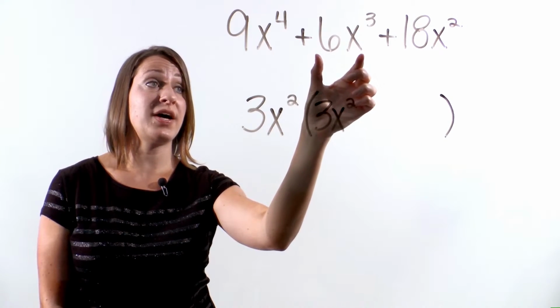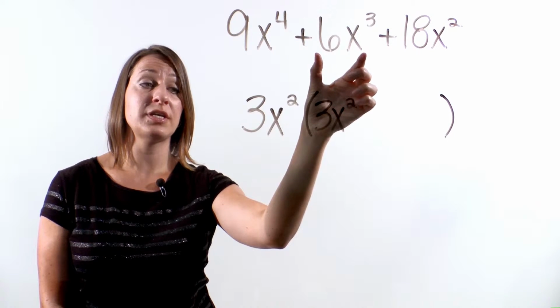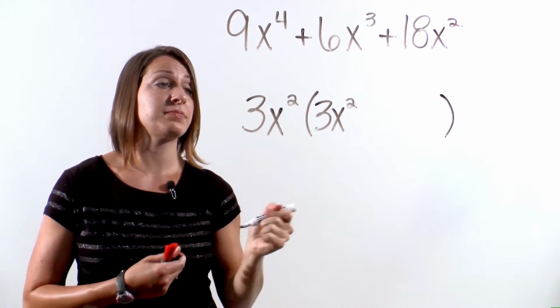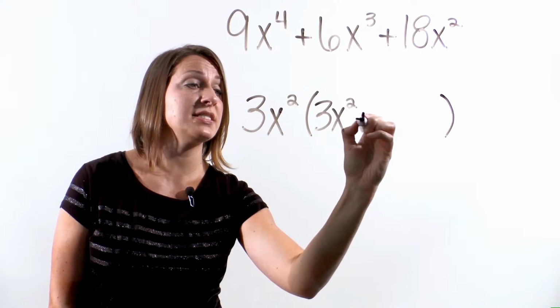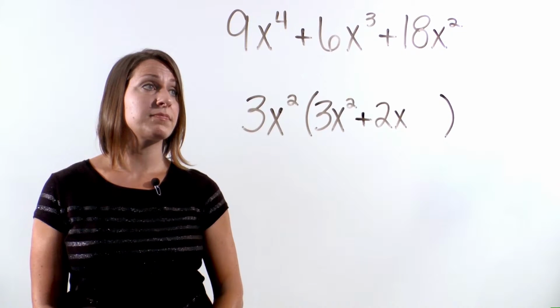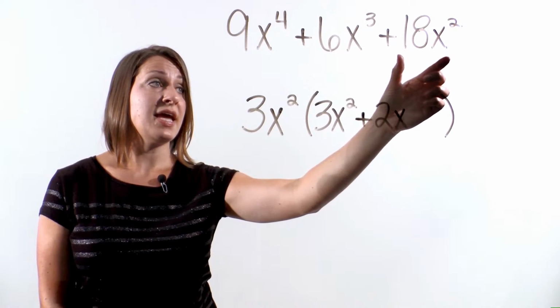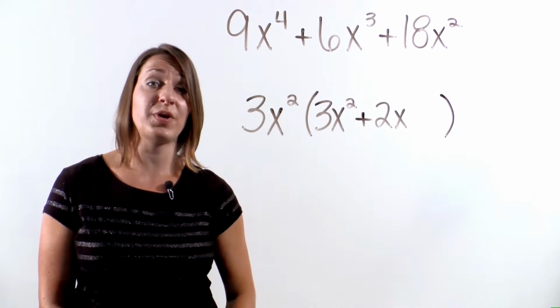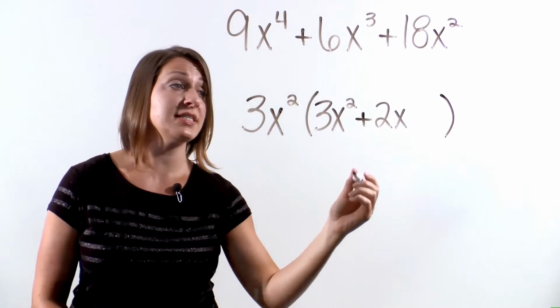Next, if you have 6x cubed and you factor out 3x squared, you're left with a positive 2x. 18x squared, if you factor out the 3x squared, you're left with a positive 6.